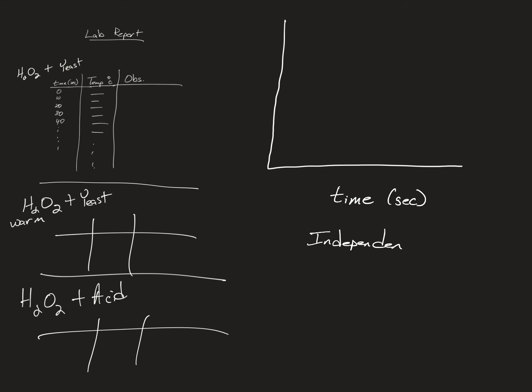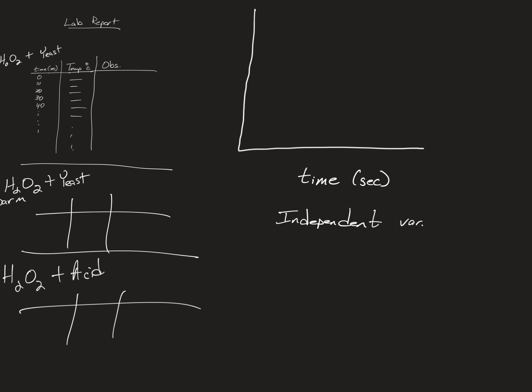And this is an answer for one of the questions for your lab report. Time is always an independent variable. In this case it is measured in seconds, but independent variable equals time. The independent variable always goes on the x-axis.